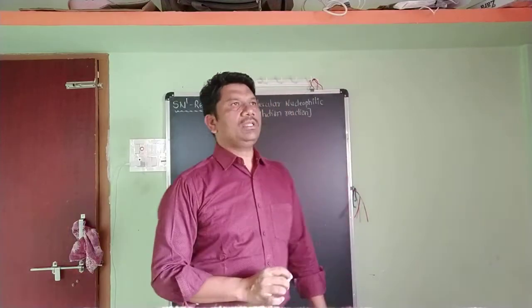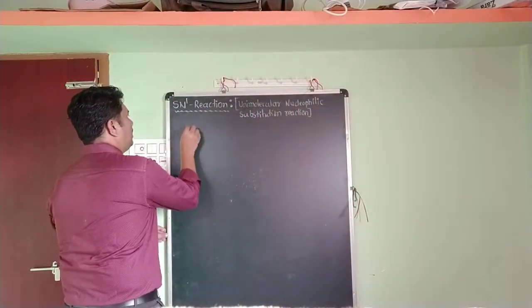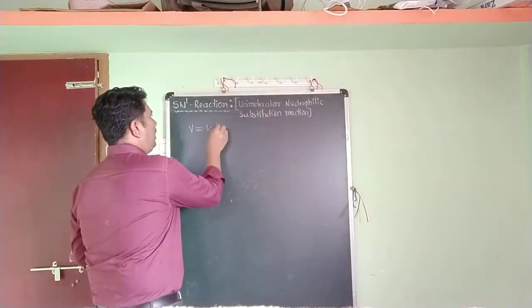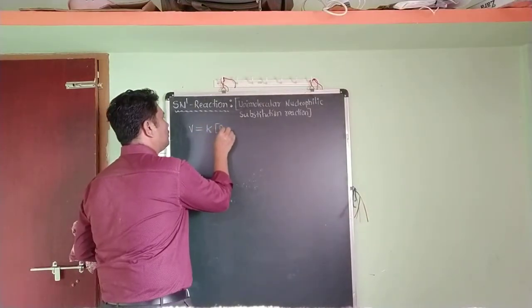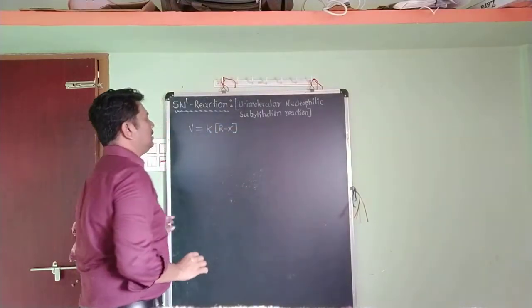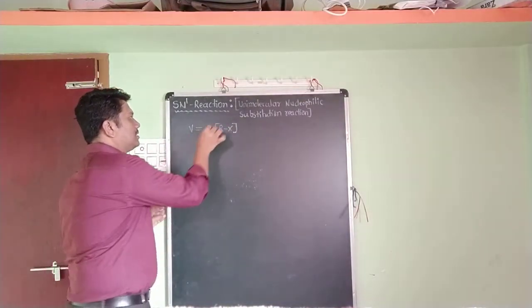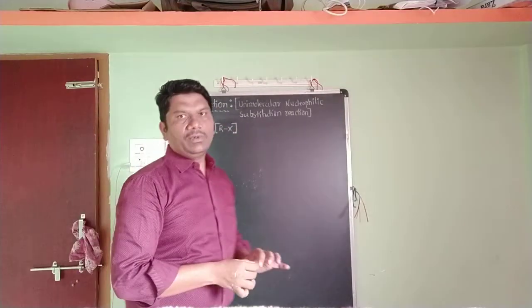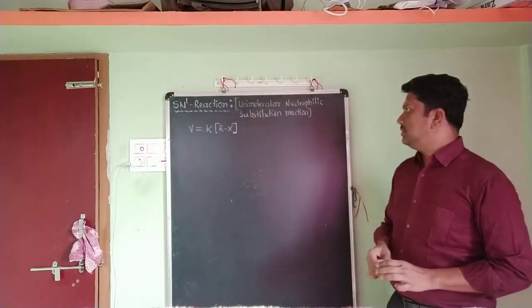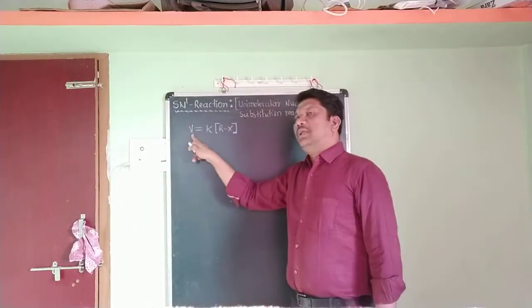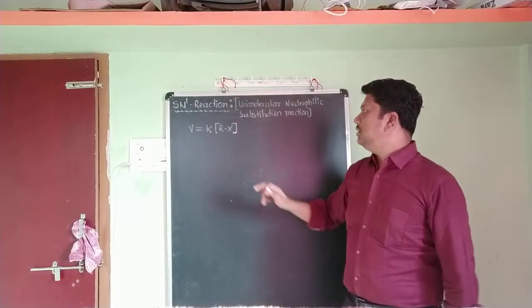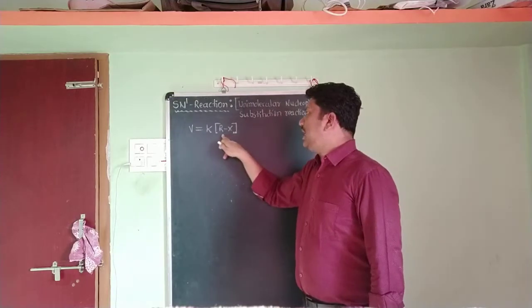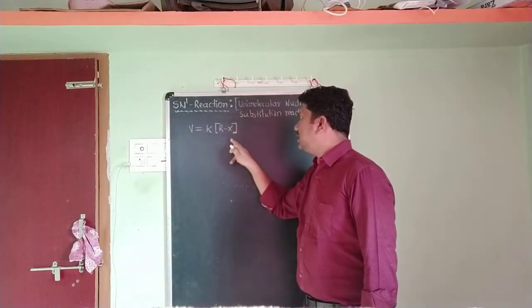That rate equation is given by V = K [RX]. The square bracket indicates concentration. V is the velocity of reaction or the rate of reaction, K is called the rate constant, and RX is the alkyl halide, so this is the concentration of alkyl halide.